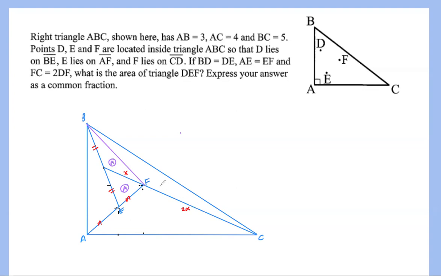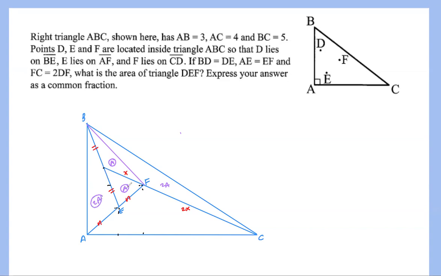If this is A, that means this is 2A. So we got that. And now think about the triangle BEF. So the area of BEF is 2A, and then BAE, they share the same vertex B, so their bases are equal. So if this is 2A in total, that means this is also 2A.